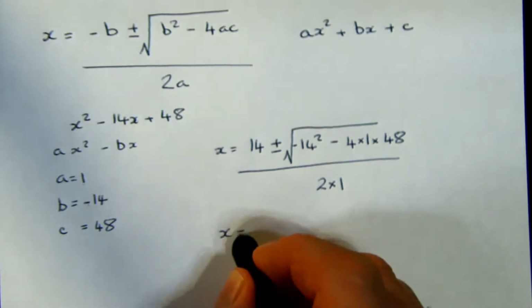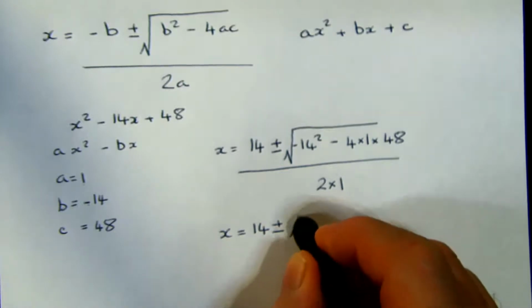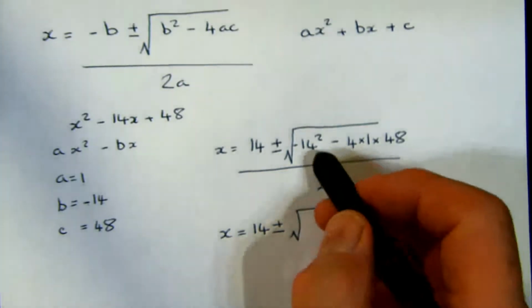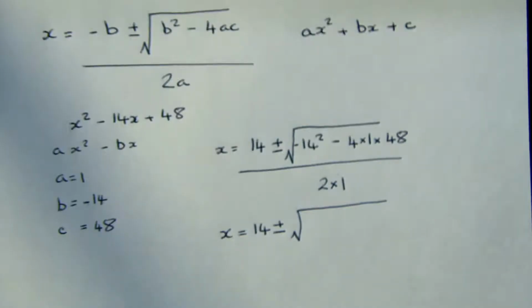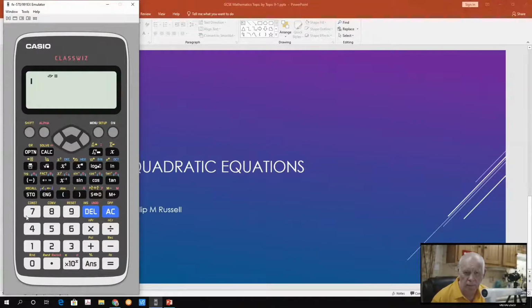This is going to be x equals 14 plus or minus the square root of. Now I'm going to have 14 squared. So 14 squared is easy enough, especially if you lost the mouse. So I'm just going to put this back into calculator mode, and I'm going to put in my number 14 squared.